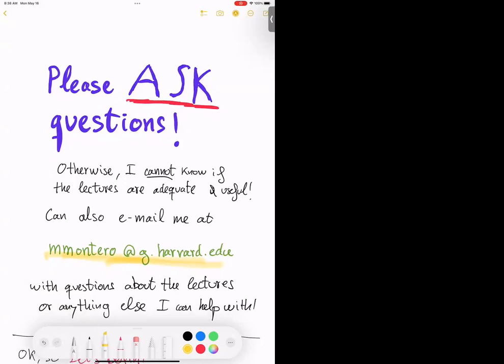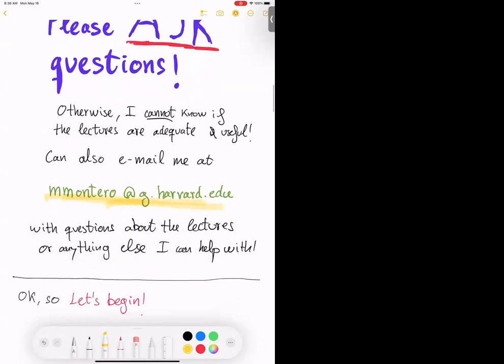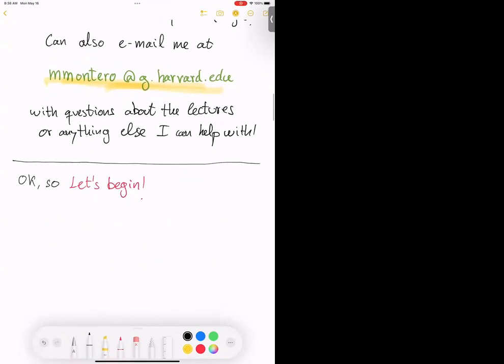Very good. Okay. So let's begin. So, no global symmetries. Irene explained there's no global symmetries in quantum gravity.